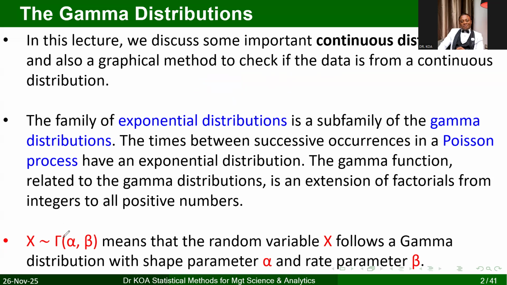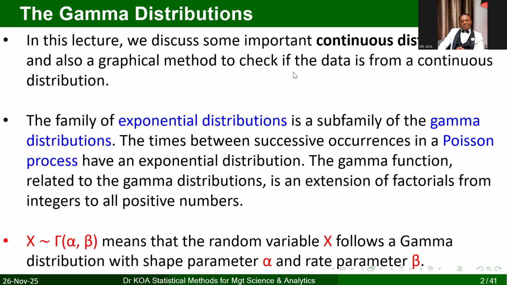So this symbol means that the random variable x is gamma distributed with an alpha parameter, which we call the shape parameter, and a beta called the rate parameter. Okay, so that is a random variable. It simply means that it follows a gamma distribution with the shape of alpha and the rate of beta.